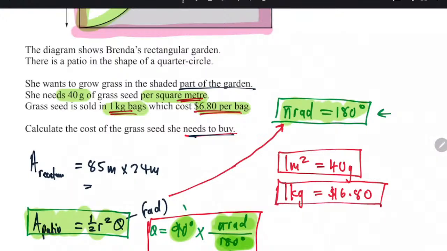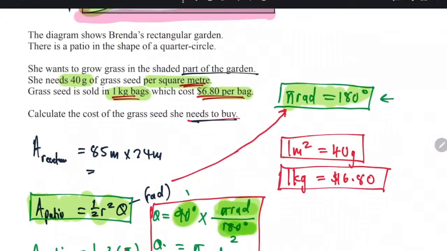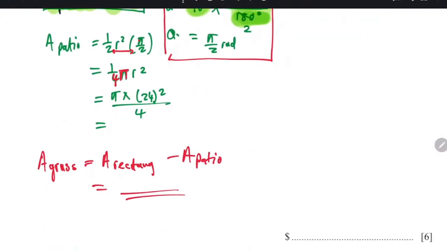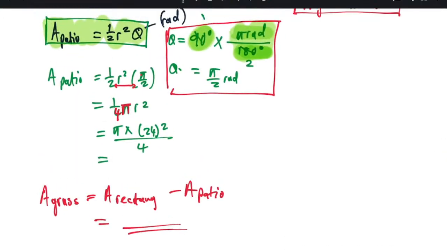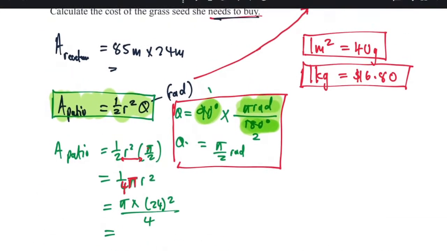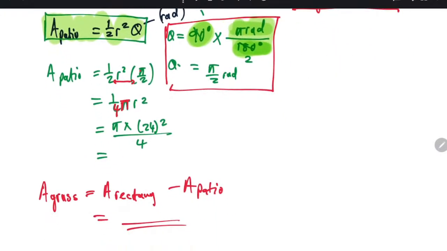So can you find me the area of the grass, please? What is the area of the patio? We have 85 times 24, area of the rectangle. What do you get? 2040 square meters. What about this one? Punch pi: 452.38 square meters.